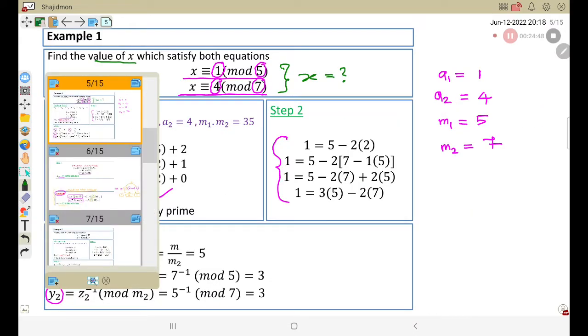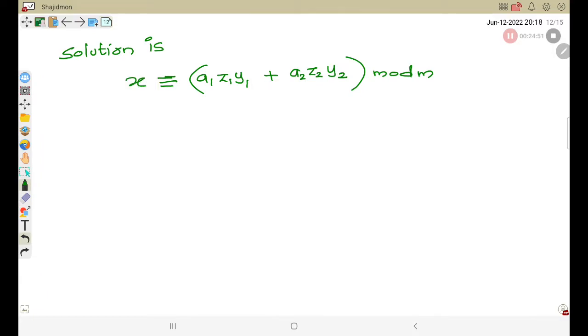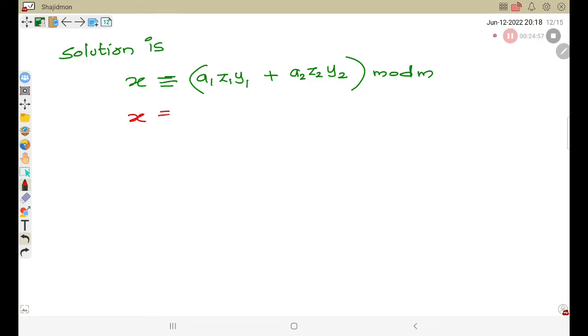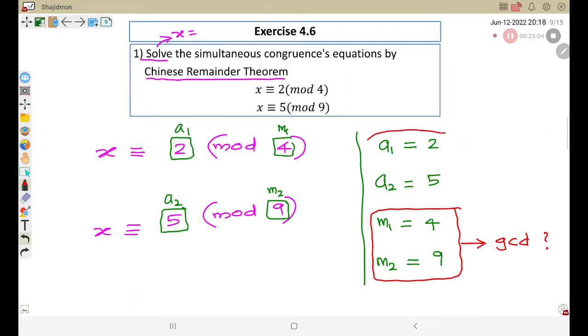So we are going to calculate here mod M. X congruent to A1 number. How much did we get for A1? In the beginning we wrote A1 is 2.